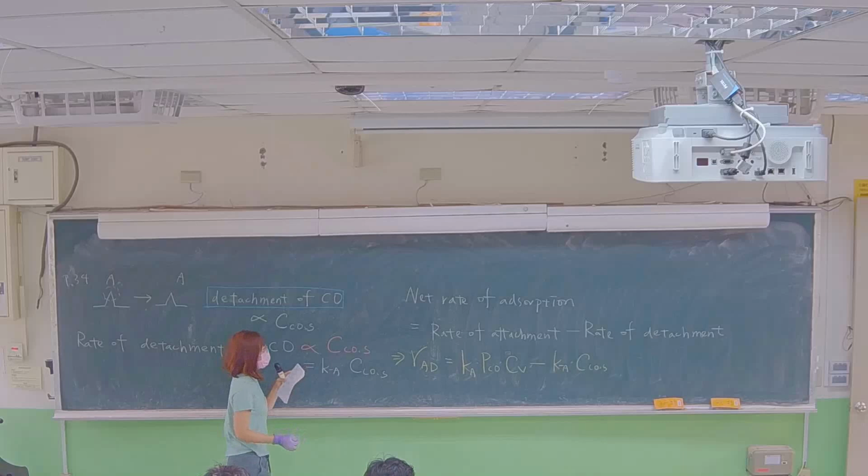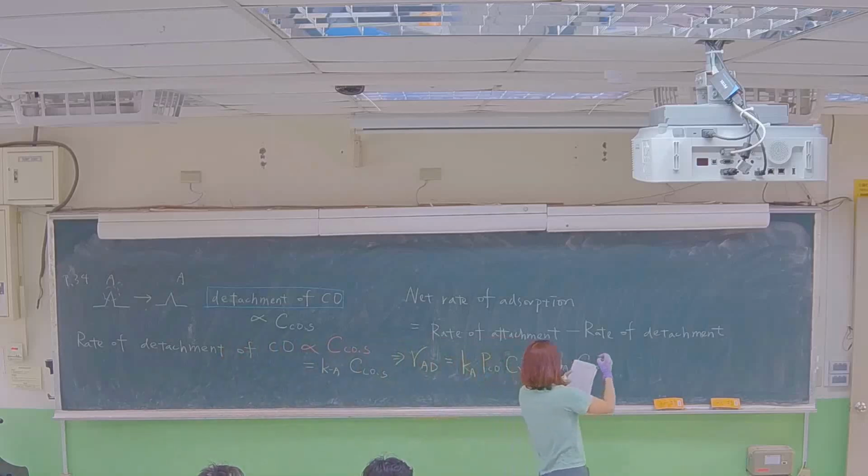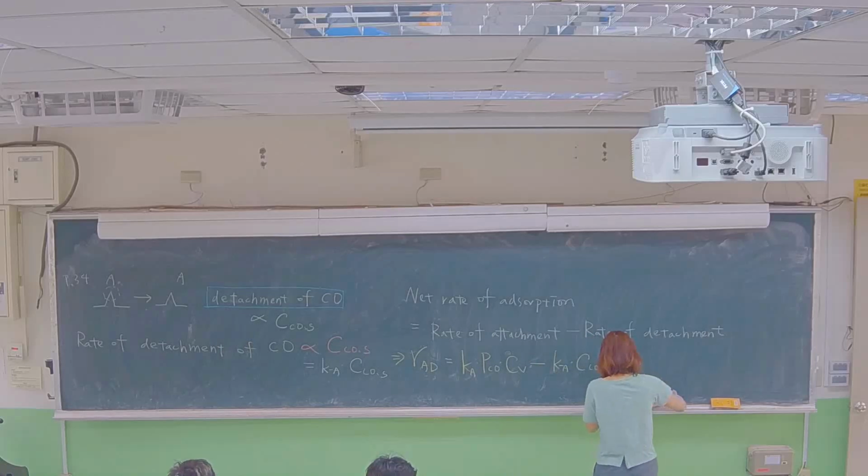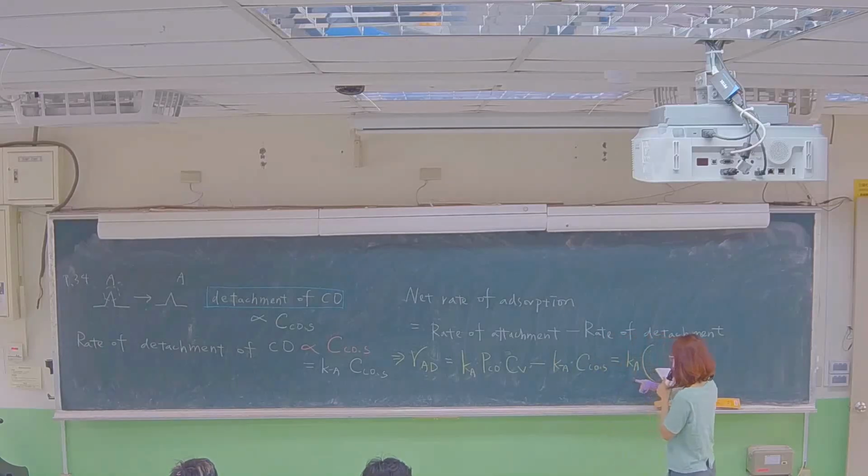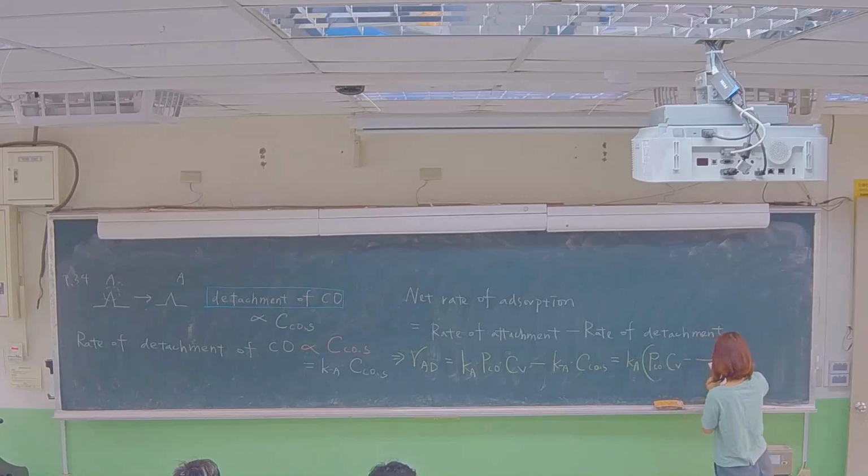And also we can combine these two terms by using a single KA. Bring the constant outside: KA times PCO CV minus COS over the equilibrium constant.